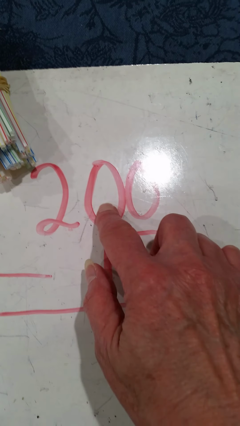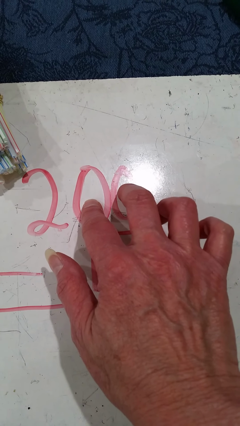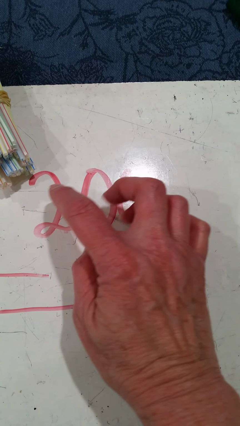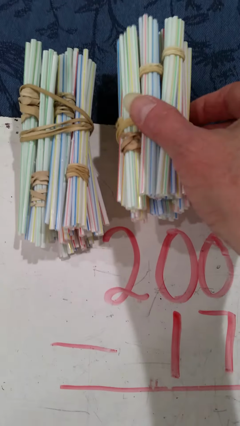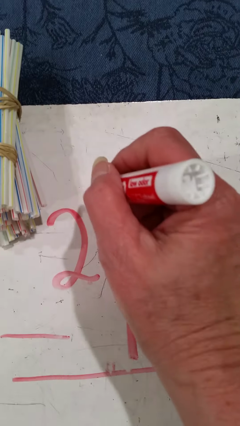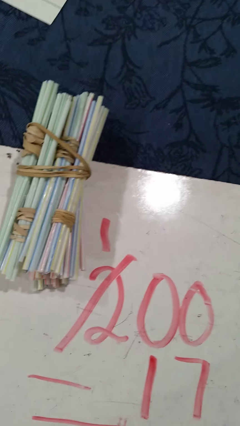Usually we borrow from the tens place, but no tens there to borrow from. So then I got to go all the way to my hundreds place. And happily, I have plenty of hundreds. Okay. So I'm going to borrow one of them. Okay, so I mark out my 2, and I put 1 there because I only have 1 left.